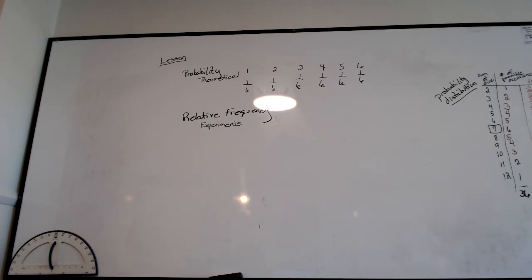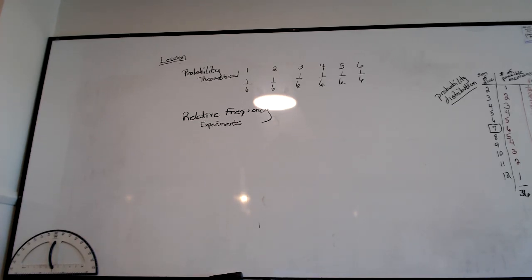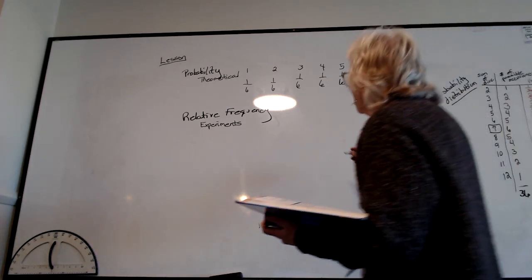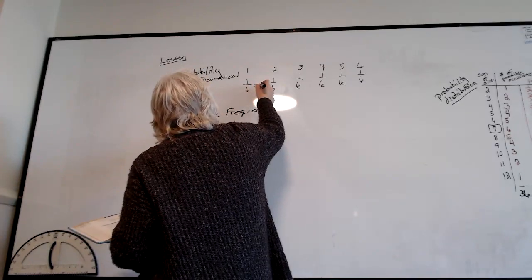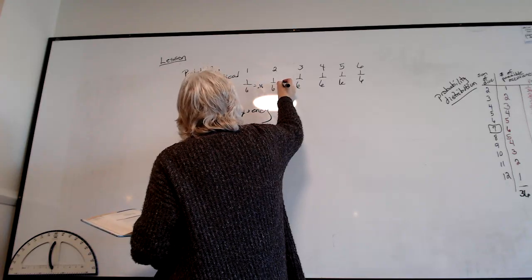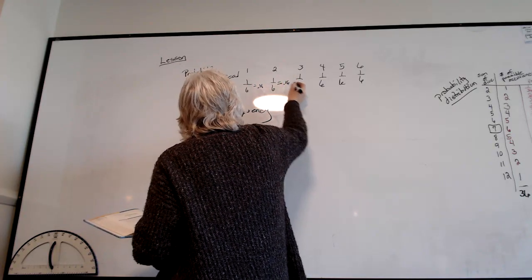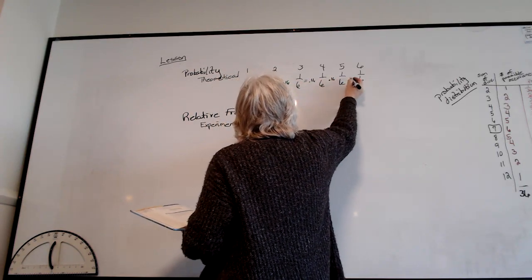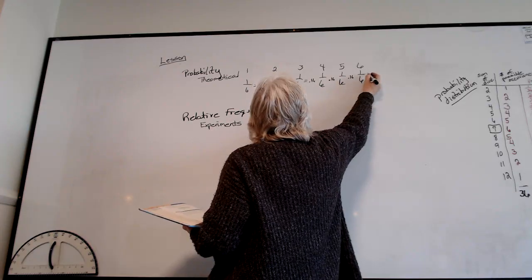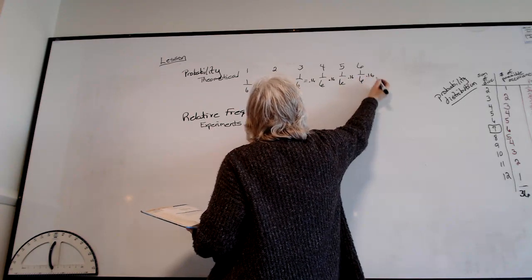But if I do an experiment where I roll a die 1,000 times, I won't come out with exactly 1/6 each time. I might come out with something like this. By the way, 1/6 is equal to 0.16, which is 16 percent.